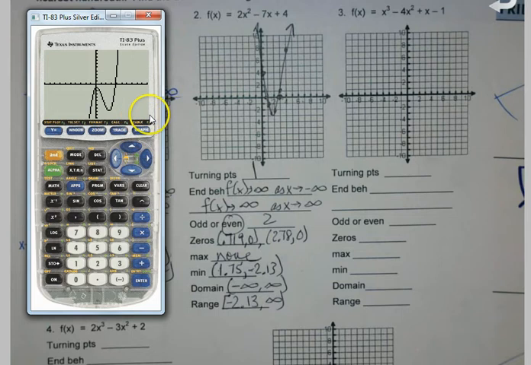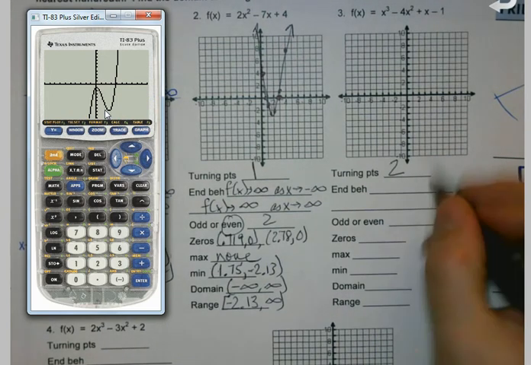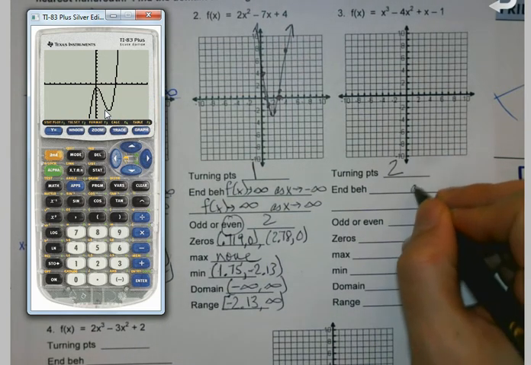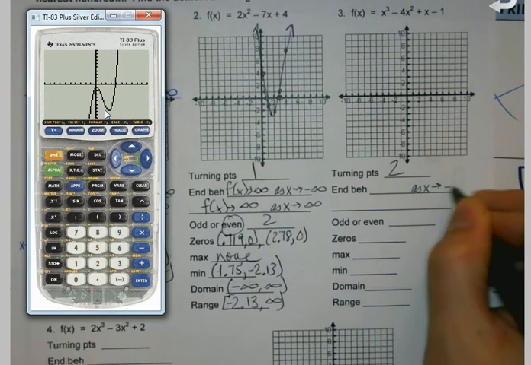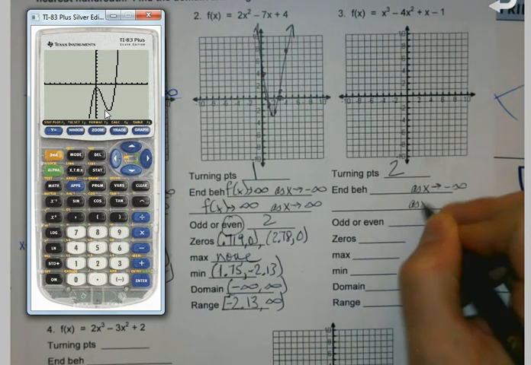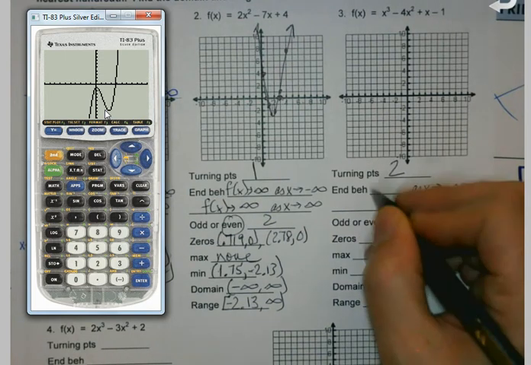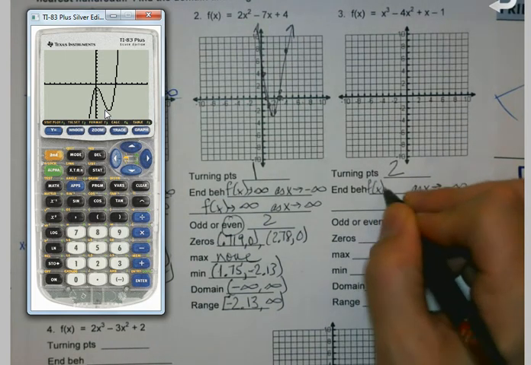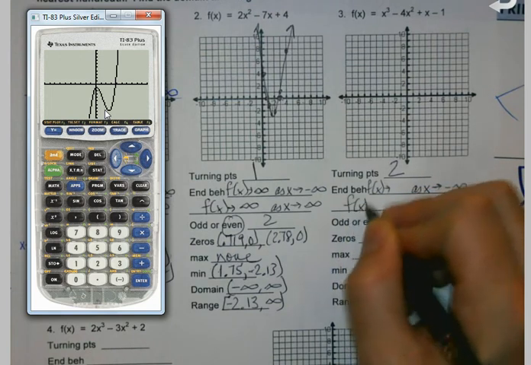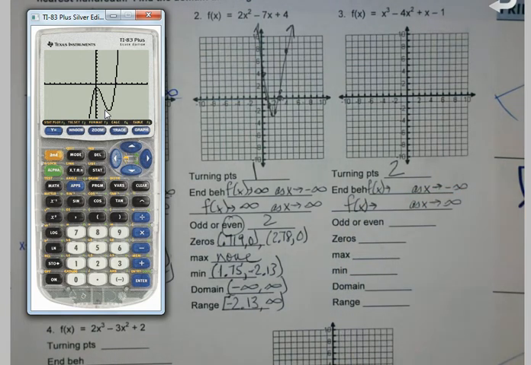How many turning points do we have this time? 2. One here and one down here. So 2 of those. Okay, my end behavior. Again, x to negative and to positive infinity. So as x heads to the left towards negative infinity, where is my f of x or my y heading?